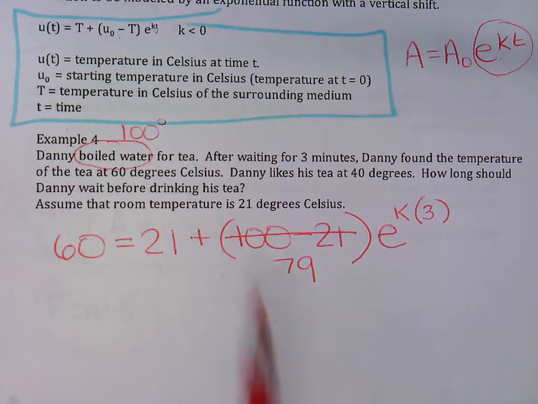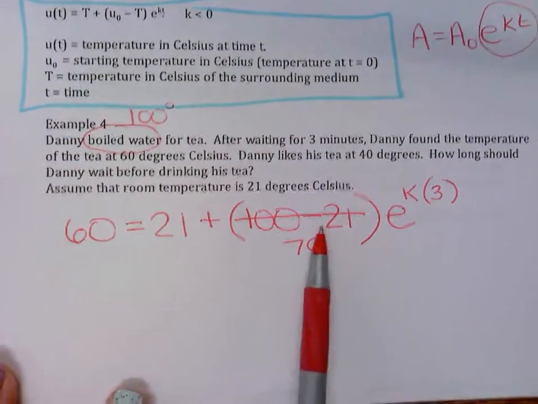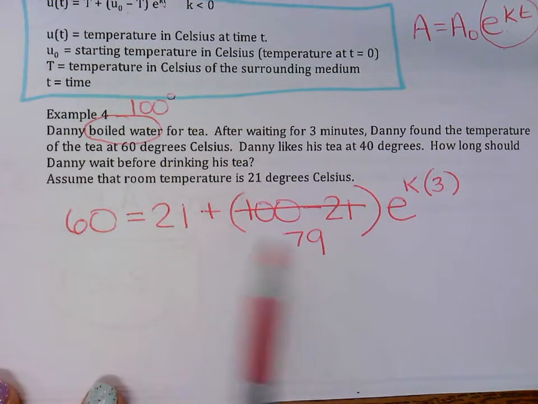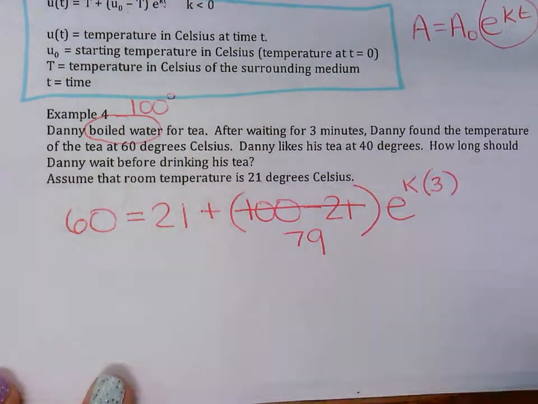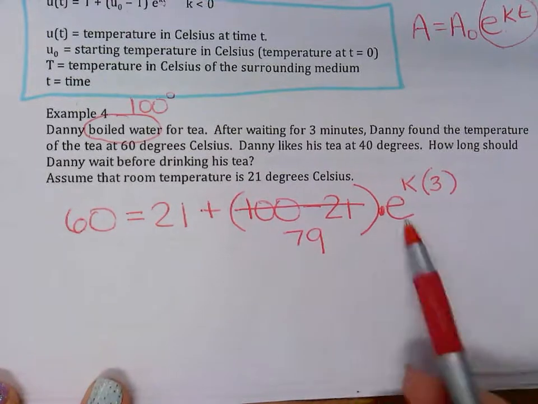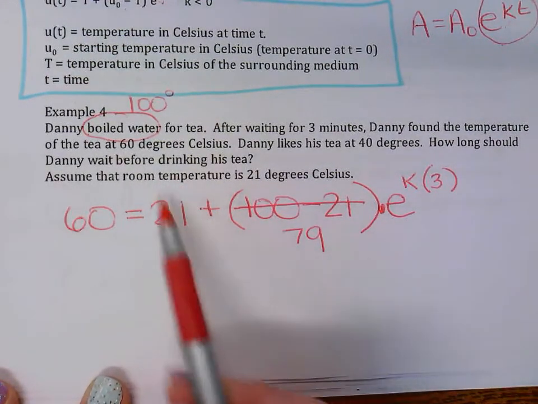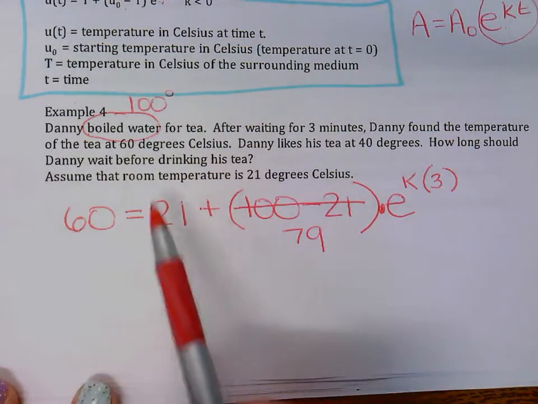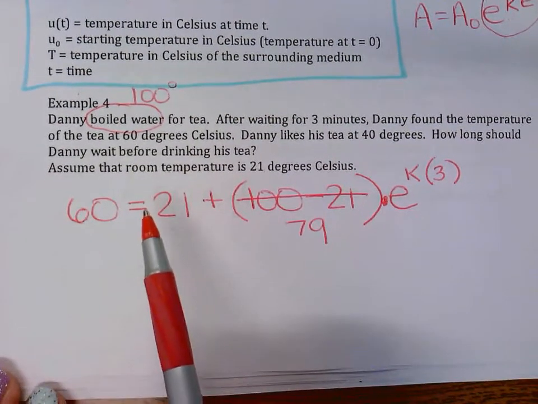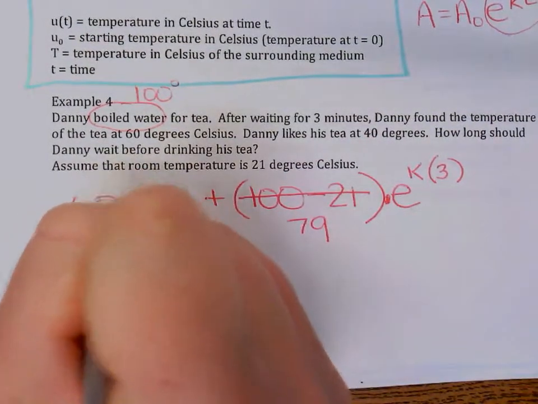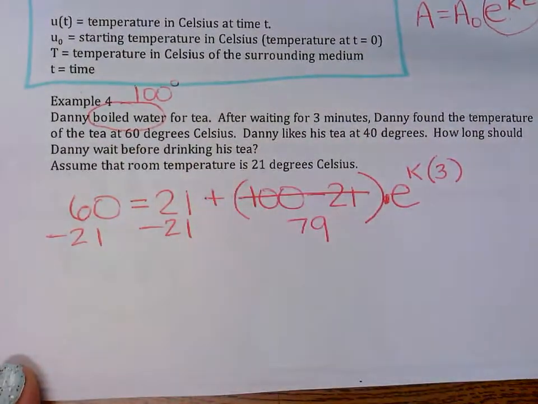Okay. My next step. Here's a big no-no. Do not combine the 21 and the 79. The 79 is being multiplied by e to this power. The 21 needs to get stripped away to the other side first, right? This is all connected still. The 21 is what you want to subtract to the other side as your next step.